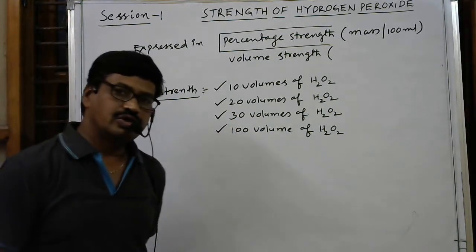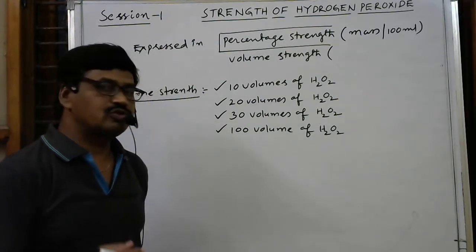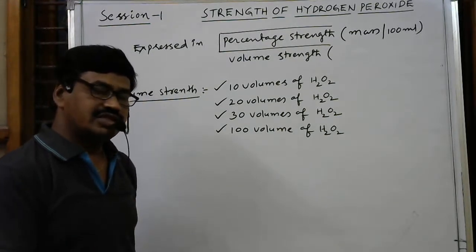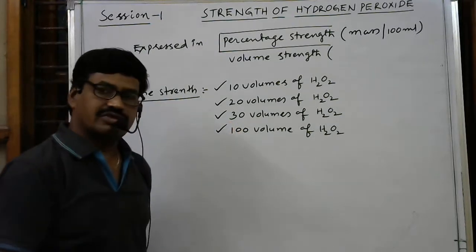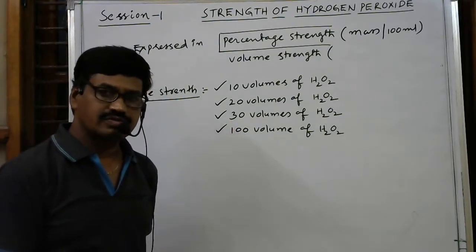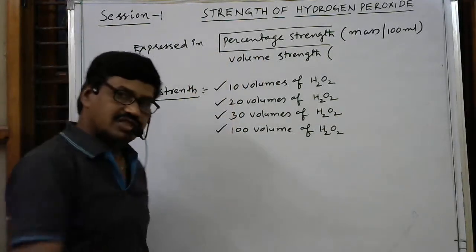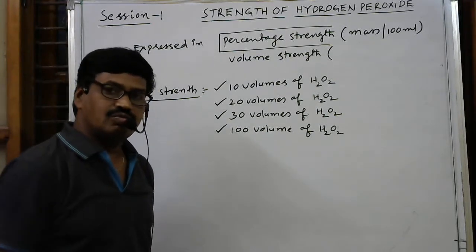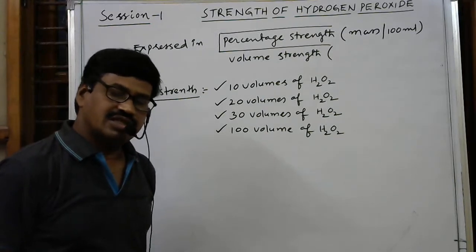But you should know what is 10 volumes strength of hydrogen peroxide. If you know about 10 volumes, we can convert it into 20 volumes, 30 volumes, and 100 volumes also. This volume strength can be converted into percentage strength, and also into molarity of hydrogen peroxide, and similarly normality also.